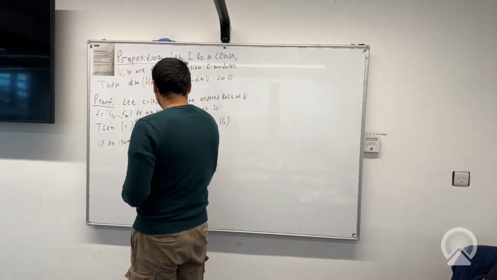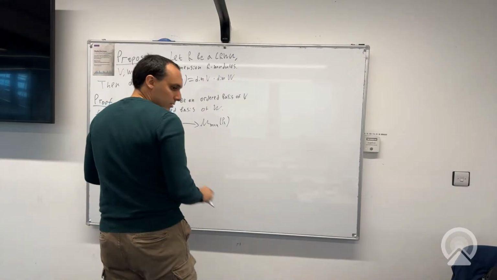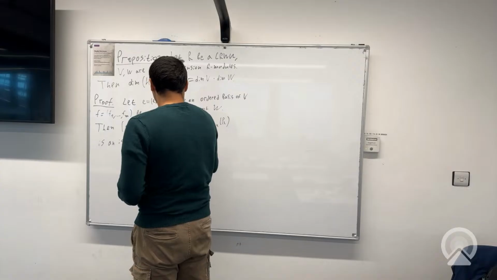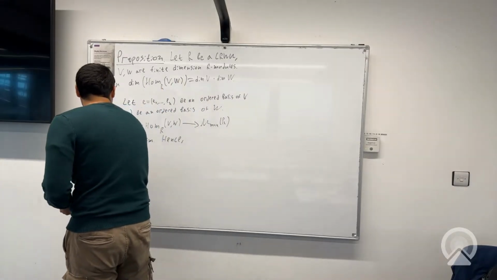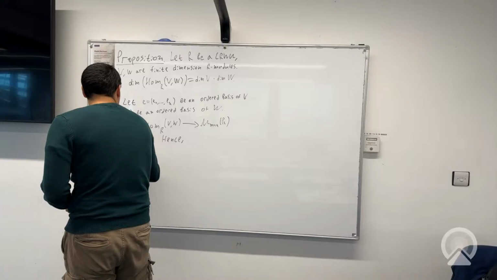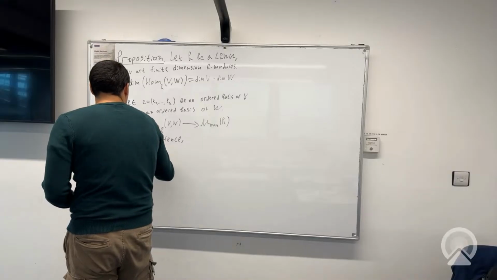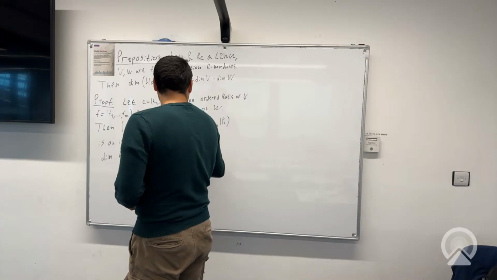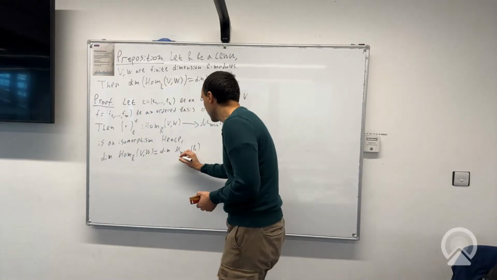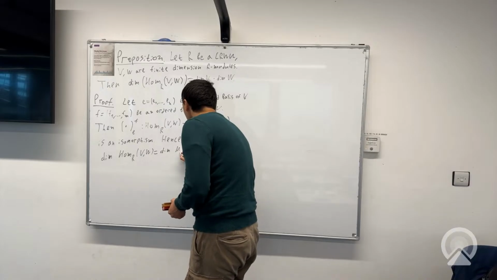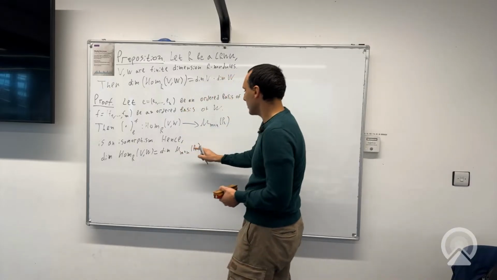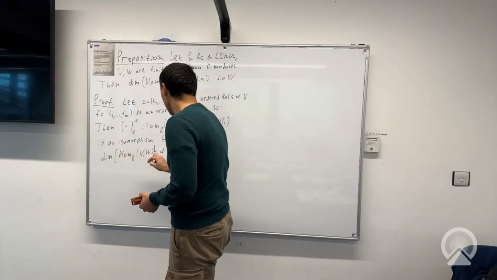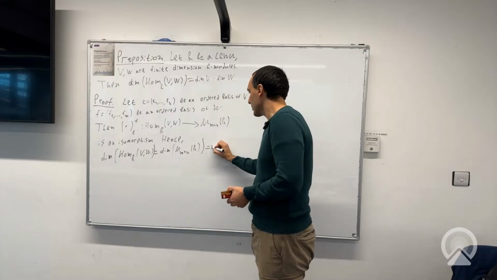Hence the dimension of the left hand side equals the dimension of the space of m times n matrices.